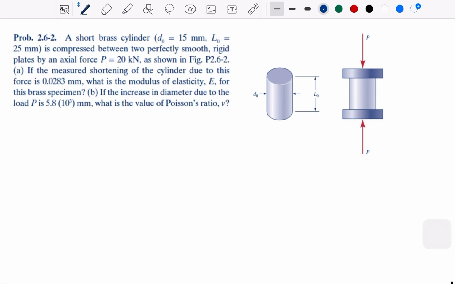So there is a cylinder in our case here, a brass cylinder, and it is compressed between two rigid plates. If you see the picture, that is how we compress with an axial force P, 20 kilonewton.